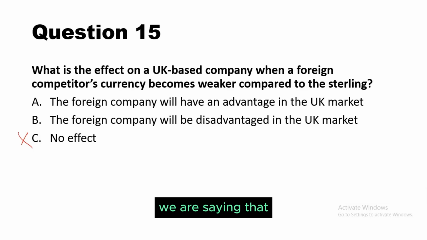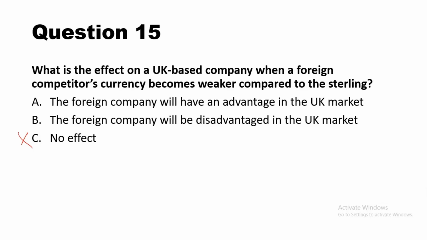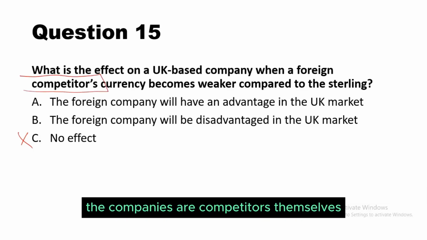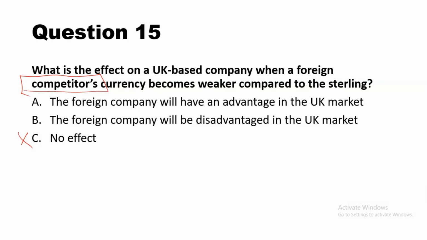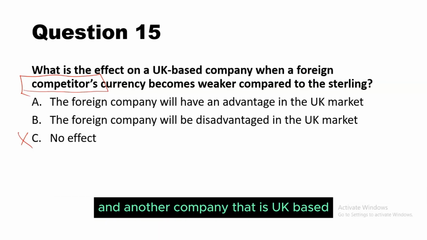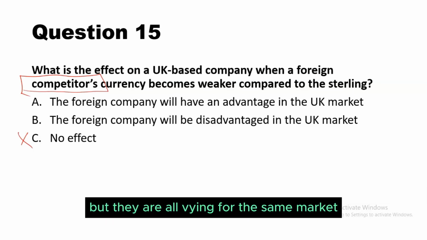Now, we are saying that these companies are vying for the same customers. This is why they are competitors themselves. There's one company operating outside the UK and another company that is UK based, but they are all vying for the same market.